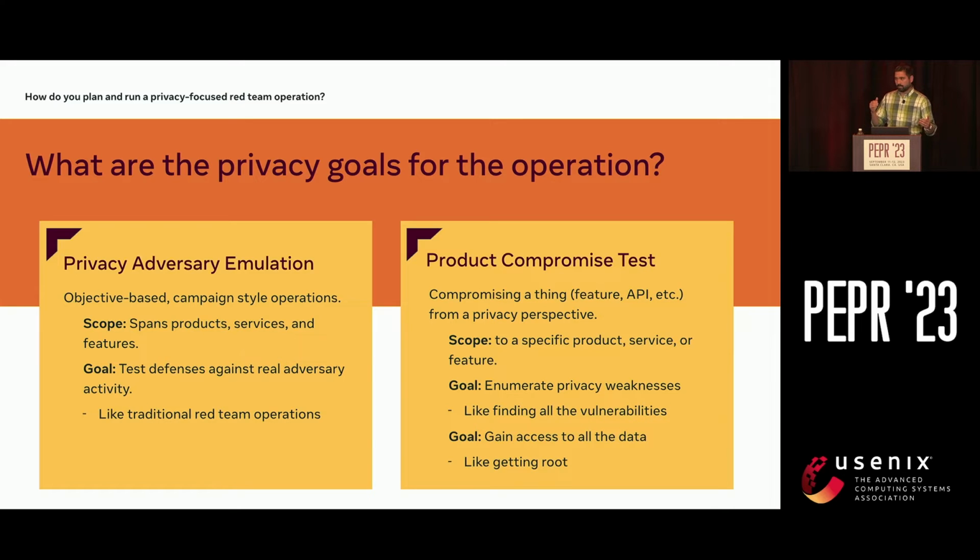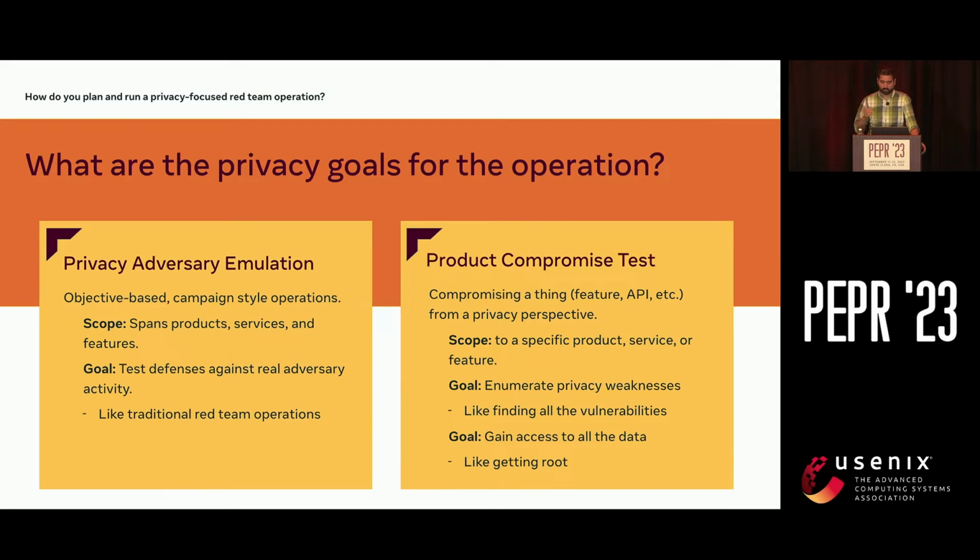And we essentially run 2 different kinds of operations, and this has worked well for us. One we call the privacy adversary emulation. These are campaign style operations. So typically you'll pick a specific kind of privacy adversary and you'll say, I'm just gonna emulate this privacy adversary. I'm gonna do everything that they would do regardless of where it touches our infrastructure, our tech stack, and we're just gonna try to achieve their objectives.